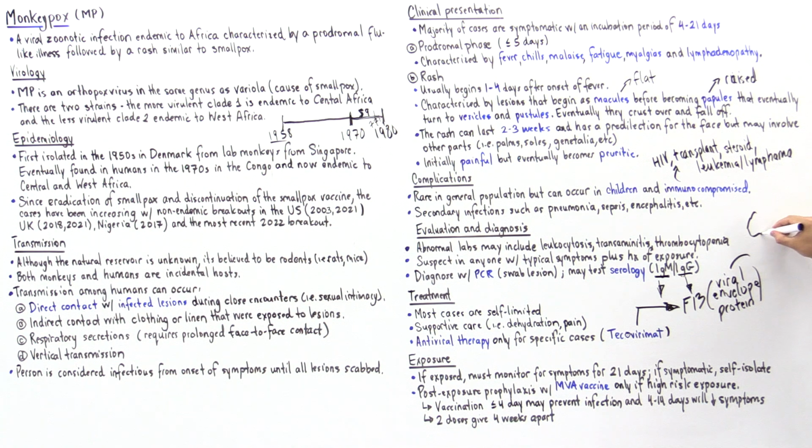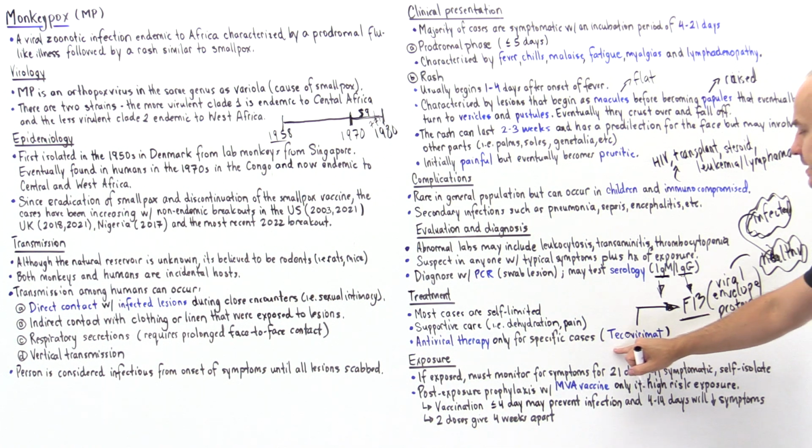So if we have an infected cell, and here we have a nearby healthy cell, so the virus infects this cell, it propagates in the infected cell, and then for the infected cell to spread it to this healthy cell, we have to have this F13 protein.